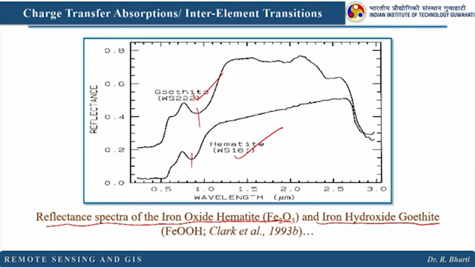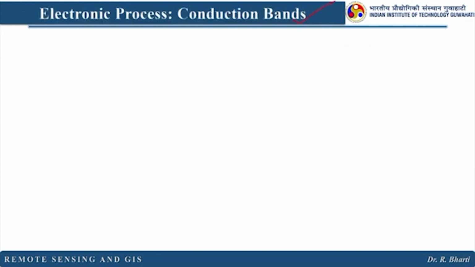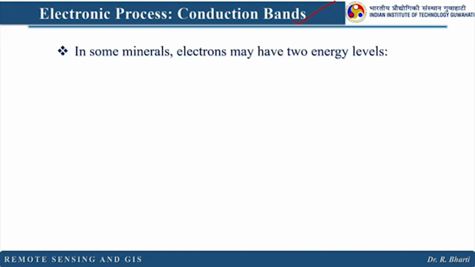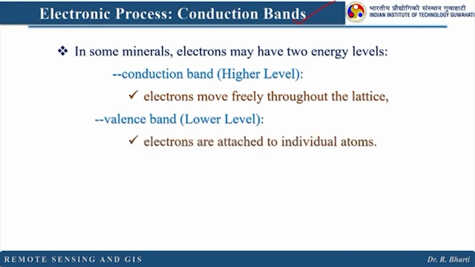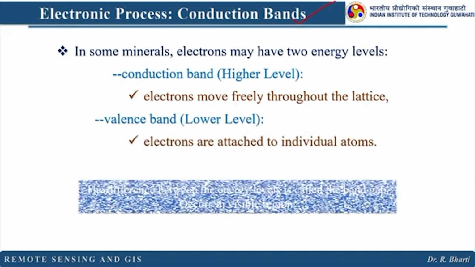Now, here you can see for goethite and hematite the spectral signature has changed, right, with this slight change in the composition. In another process, we have the conduction band, where in some minerals electrons may have two energy levels, right, it is also possible. The conduction band is the higher level, where electrons move freely throughout the lattice, whereas in the valence band, which is the lower level, electrons are attached to individual atoms.